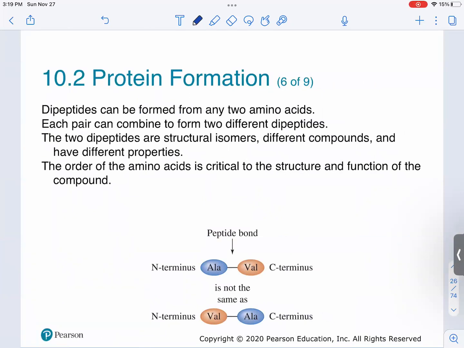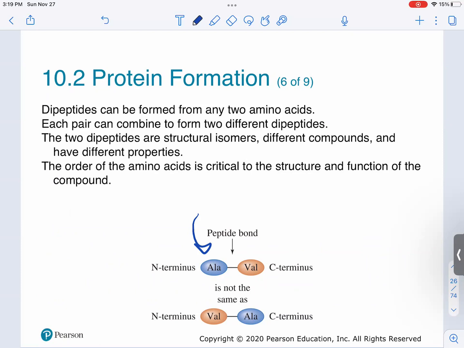So dipeptides are going to be where you have two amino acids and you form a peptide bond between them. And the first amino acid that has the unreacted N-terminus, that's what's going to come first, all right? It's going to be on the left. And on the right is where you're going to have your C-terminus, and that's going to be your unreacted carboxylate.